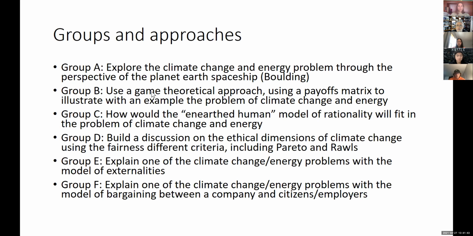The second group will be using game theory, a basic payoffs matrix, whichever you want to discuss among the three of you, and try to illustrate with an example how that game theory approach would be useful to address the issues of energy and climate change.